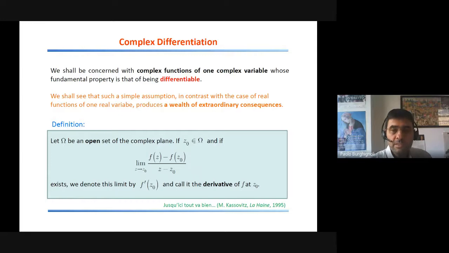Now, if this limit exists, we will denote it by f prime at the point z0, and we'll call this limit the derivative of the function f at the point z0. This tells us that the function is differentiable at this point, so nothing new with respect to the real case.